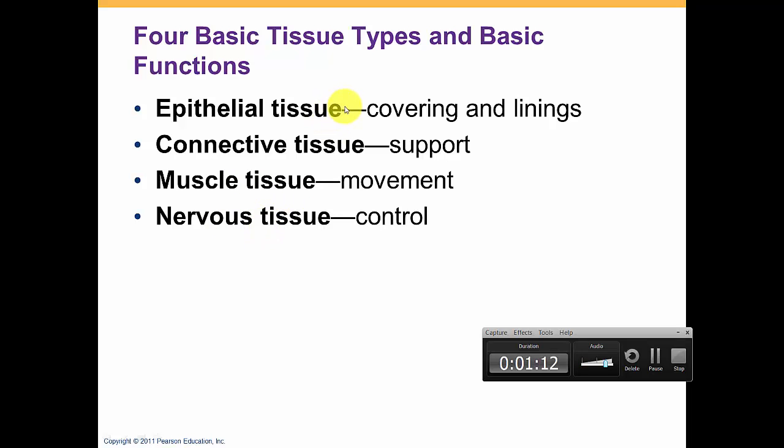So the main function of the epithelial tissue is actually covering and lining of different structures. Connective tissue is responsible for support, while muscle tissue, as we know, is responsible for movement. Nervous tissue is responsible for control.